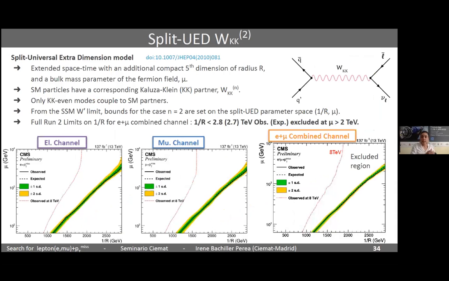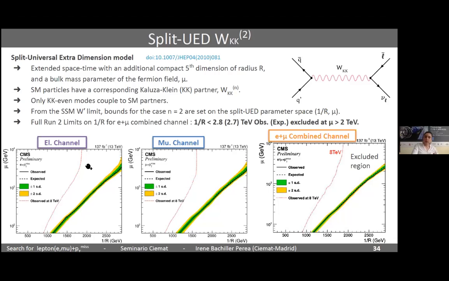The next model is the split UED model, the model of universal extra dimensions, where we have a partner of the W boson called the Kaluza-Klein W boson.